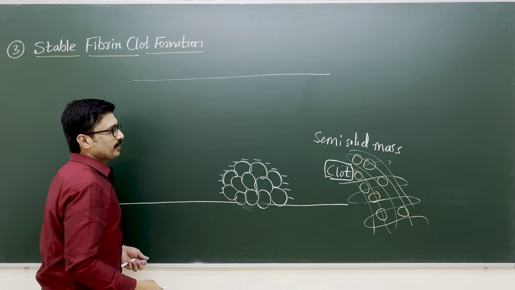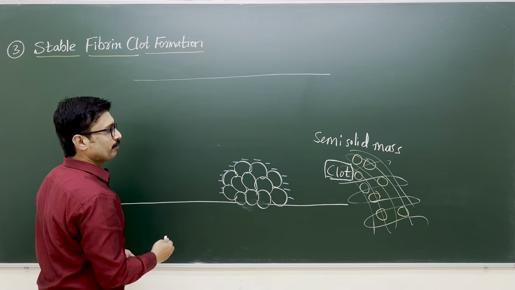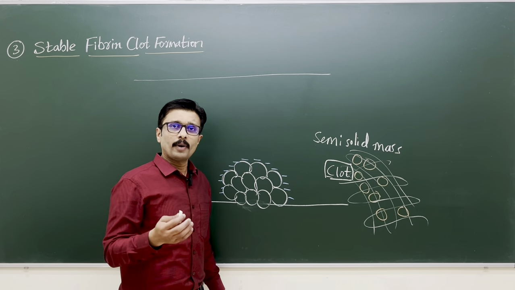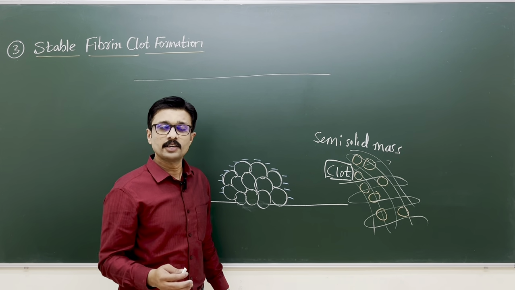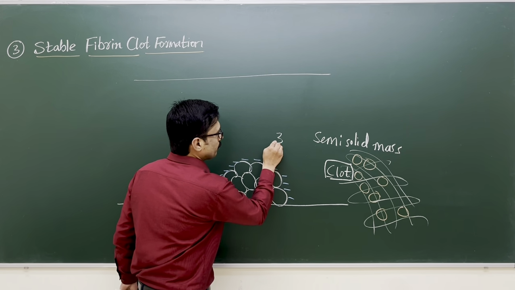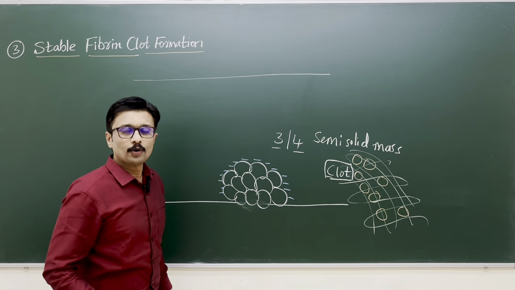So the clot can be formed by activation of coagulation factors or clotting factors. What are these clotting factors? They are plasma proteins. They are synthesized mainly from the liver, except factor 3, factor 4. The clotting factors are given by Roman numbers.